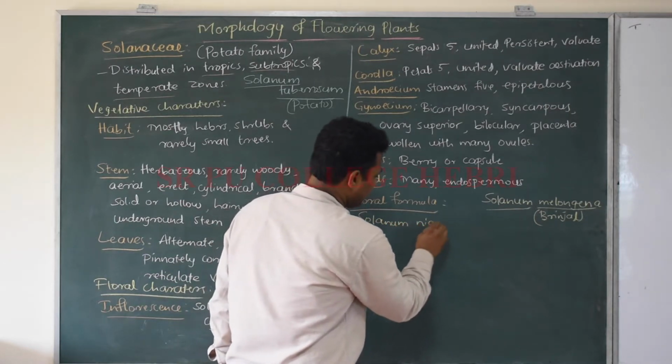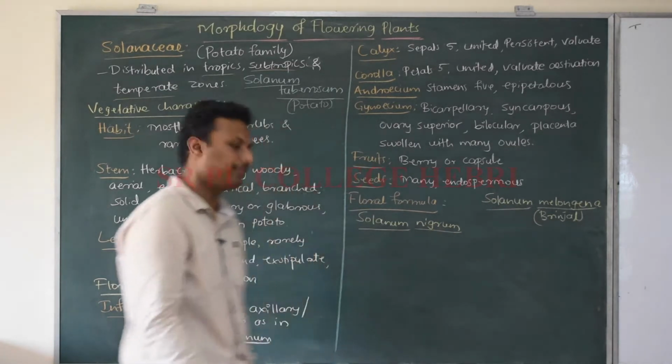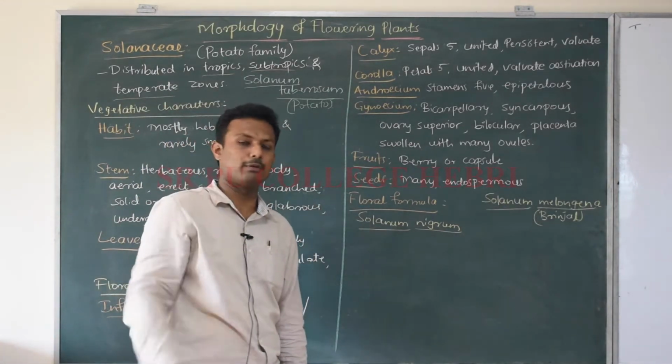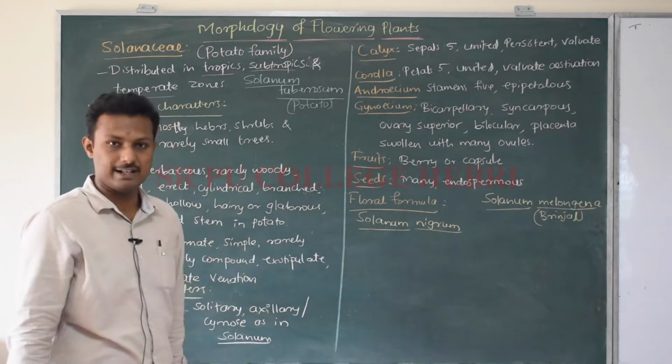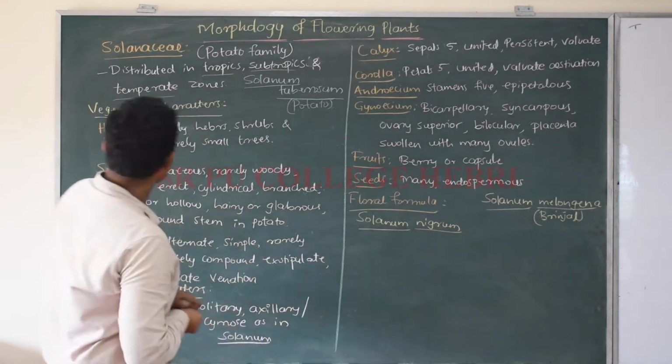The common name of this one, in Kannada we call it kudane, small black fruits will be formed. So this is another example. You need to remember the scientific names for the examples.